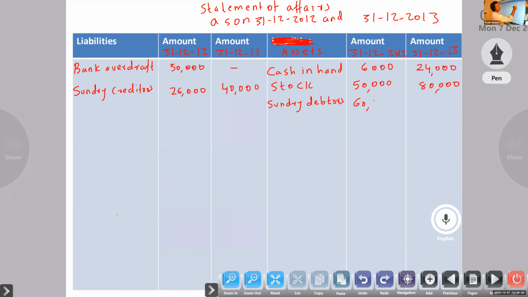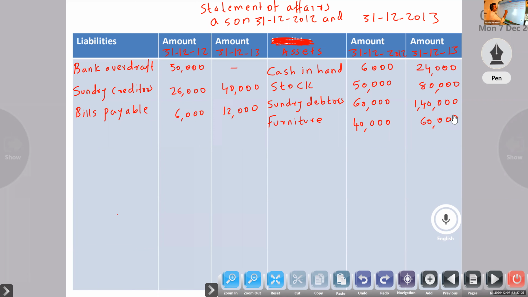60,000, 1,40,000. Bills payable, liability, bills payable, 6,000, 12,000. Furniture, 40,000, 60,000.